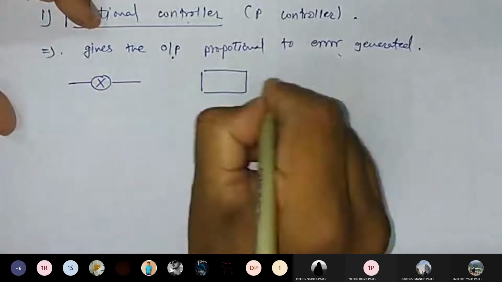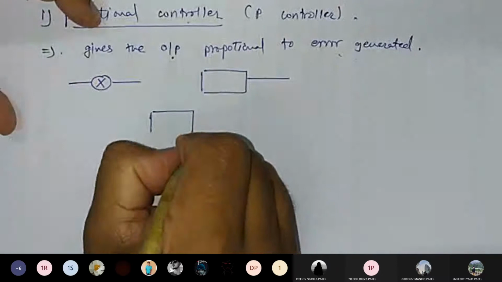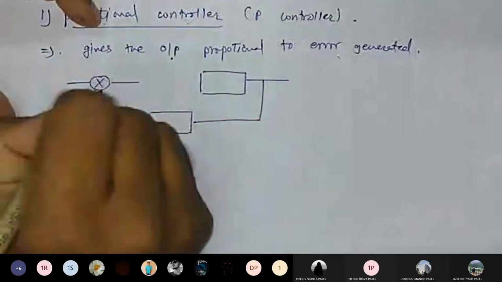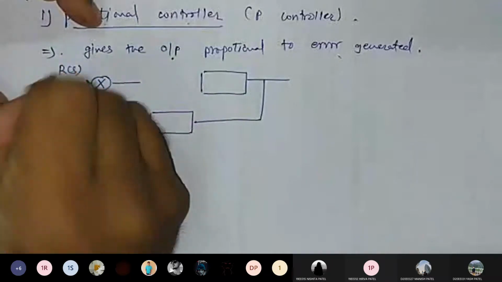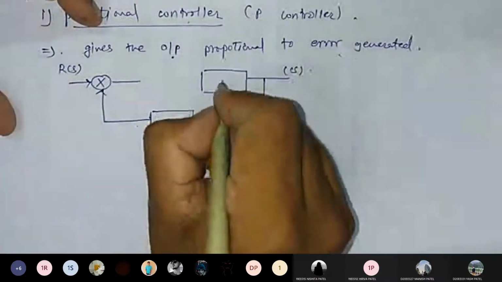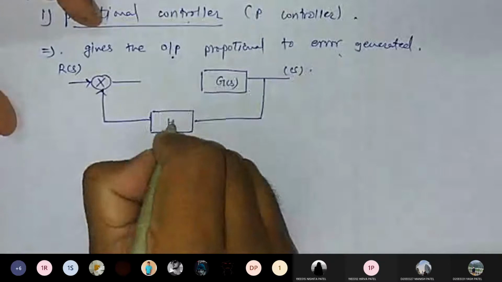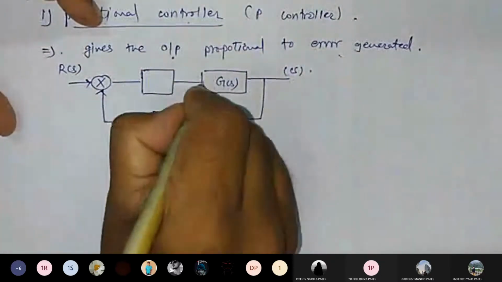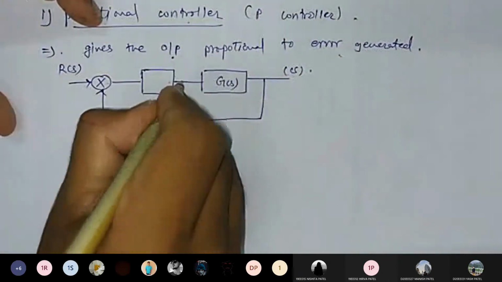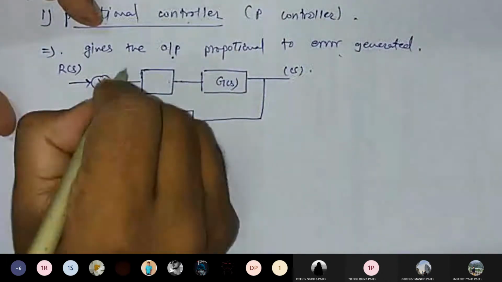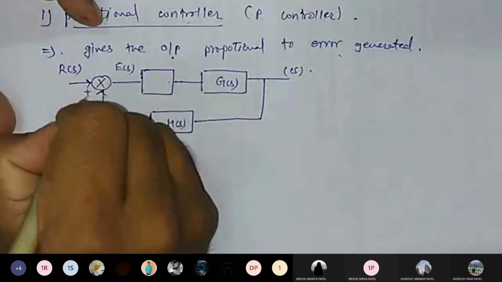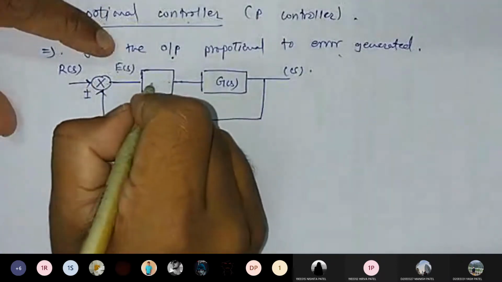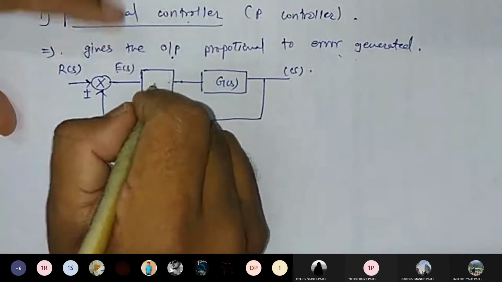Let us say this is your output side, R of S, C of S, G of S, H of S. So you will have the controller. The output of this controller is proportional to the error generated, so here you have the error, and proportional means it should be this times.